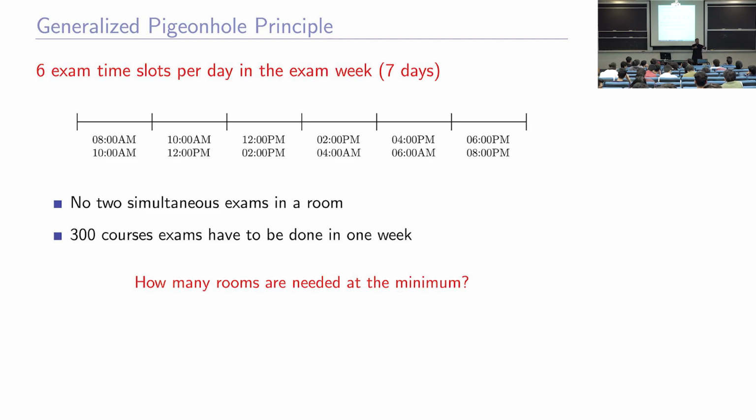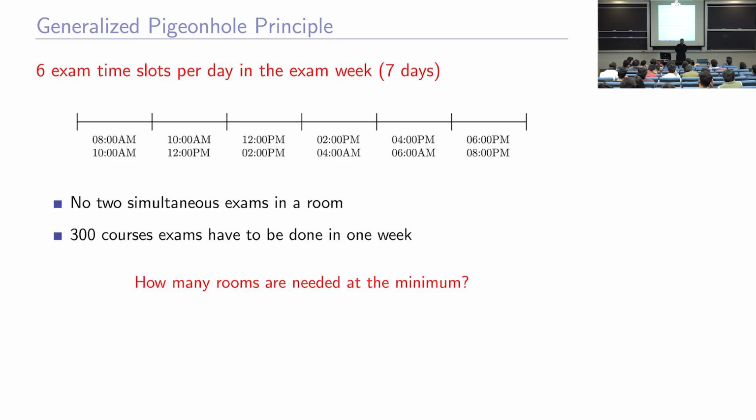So this is just the same question but turned around. I'm just asking from the other side, how many rooms do I need? So what should we do? What does the pigeonhole principle tell me? So let's say I have k number of rooms, right?